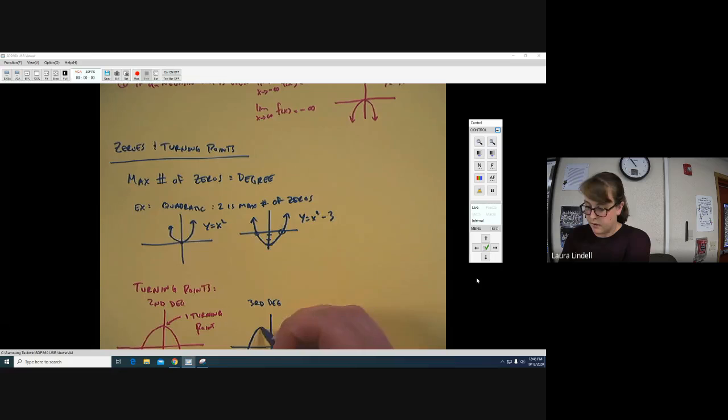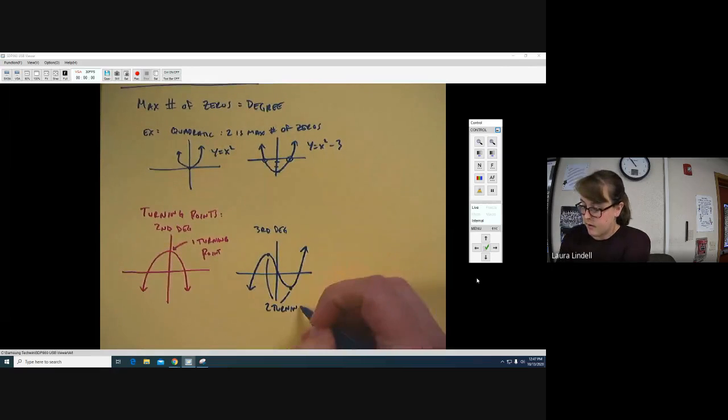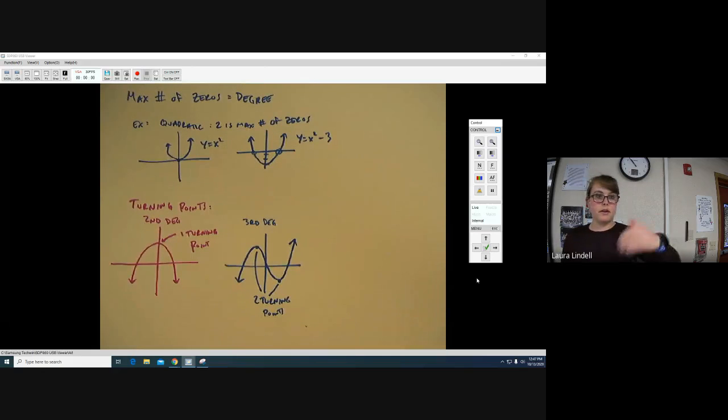And on this third degree, we have two turning points. It's where it stops increasing and starts decreasing, or stops decreasing and starts increasing.